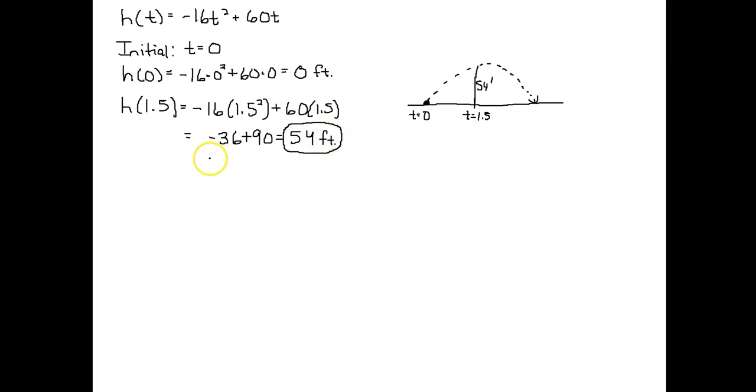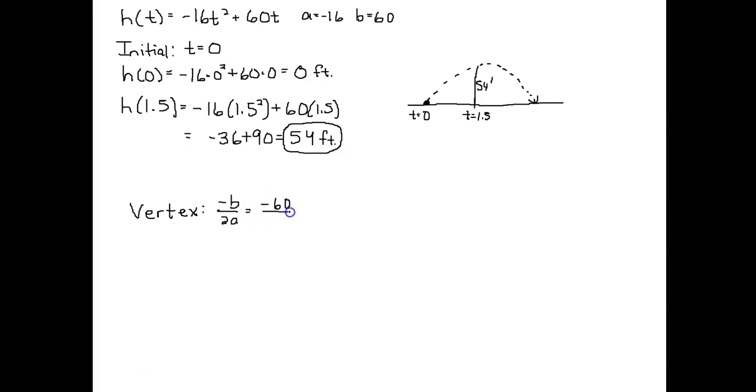Now the question also asked us to figure out the maximum height. So there you're worrying about your vertex. I'm looking back at H of T. Your A was negative 16. Your B was 60. So when you're trying to find that vertex, negative B over 2A will give you the X value, or the T value.